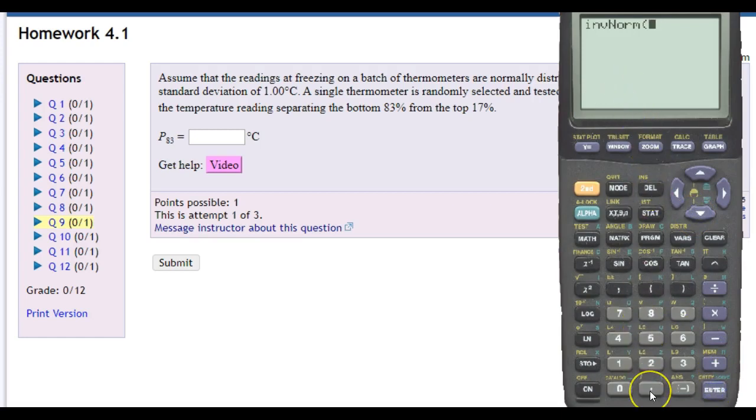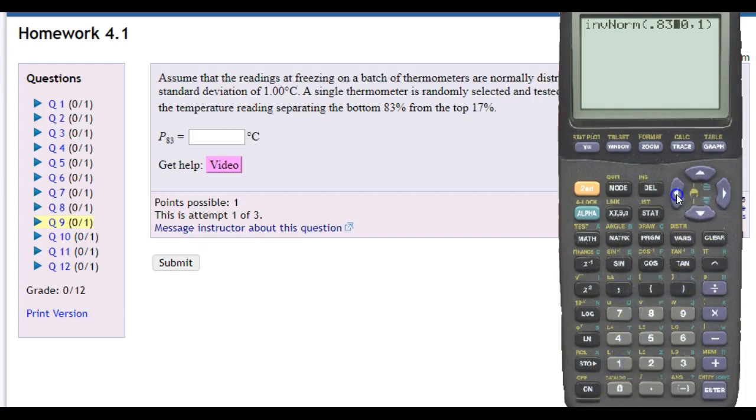And we want to put the percentile in here, so that's 0.83 in decimal form. And then you'll do a comma. You don't actually have to put anything else in here because by default it's the standard normal distribution, but you could put the mean and then the standard deviation, and then close parentheses.